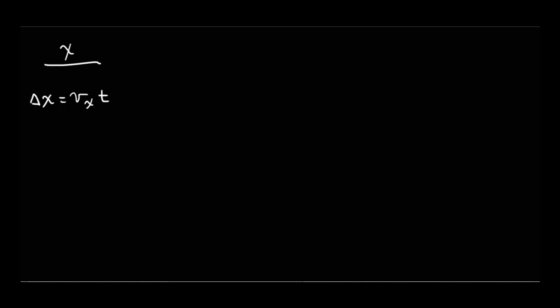And again, note that this is just the x velocity. This is just the velocity in the x direction. When we're dealing with the y direction, right, we have to use equations that involve gravity. So if I'm talking about the displacement in the y direction, delta y, it's v initial y times t plus 1/2 g t squared.